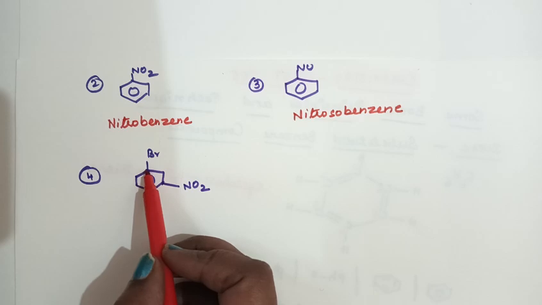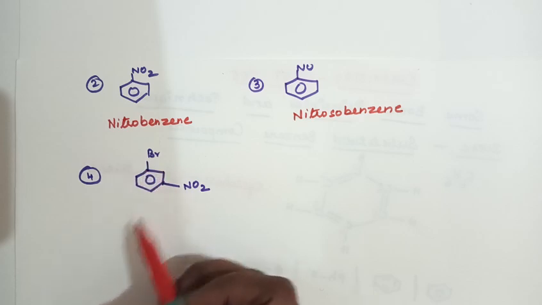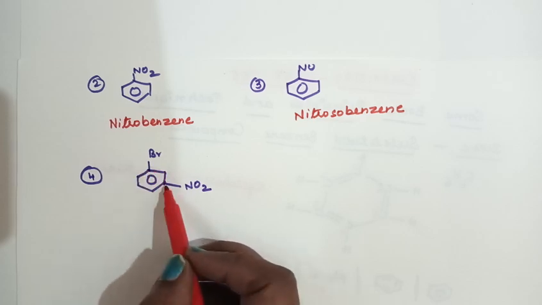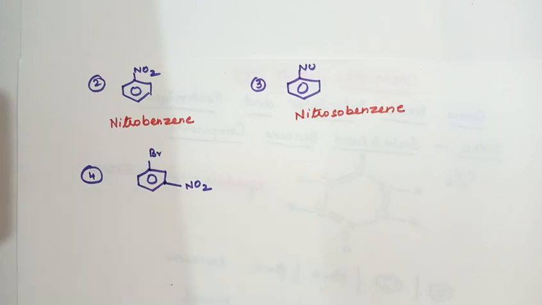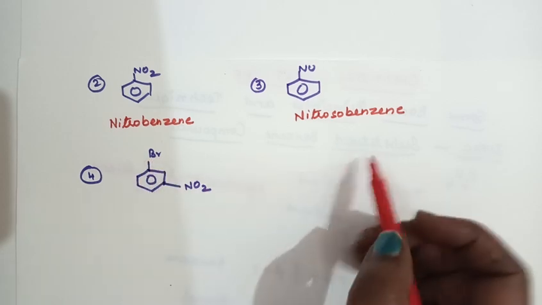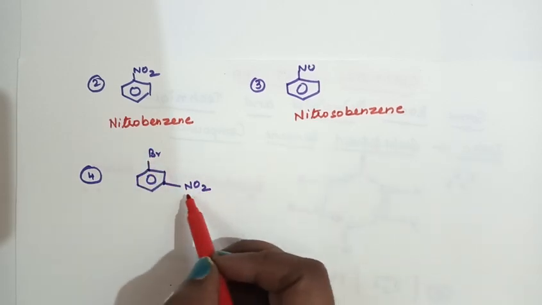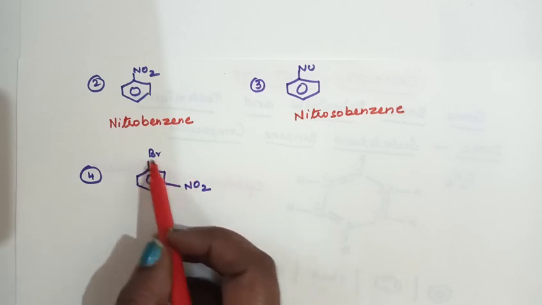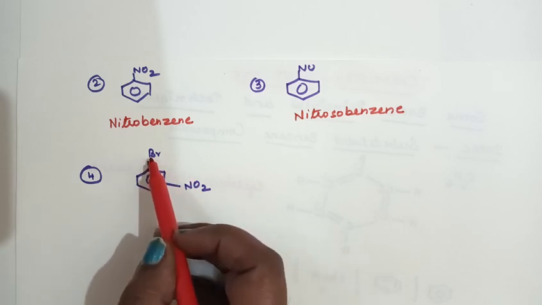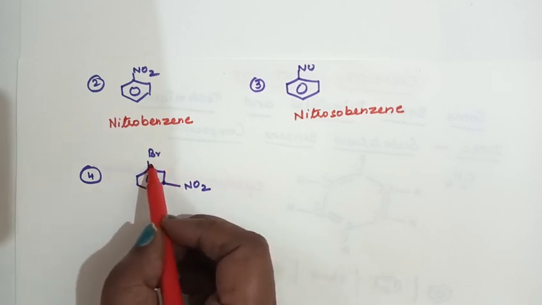Whether I have to start numbering from here 1, 2, 3 or should I start numbering from this side 1, 2, 3? How I have to start? So students always start alphabetical order. So this is bromo. Bromo starts with B. And this is nitro. Nitro starts with N. So alphabetically which will come first? Bromo will come first. Therefore start numbering from here.